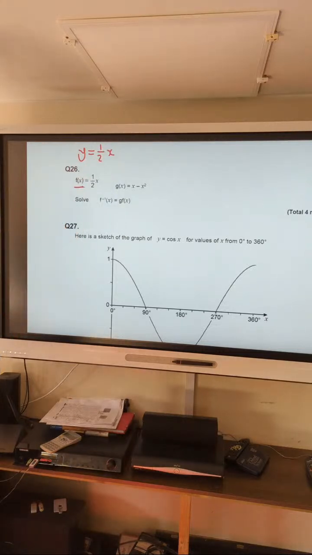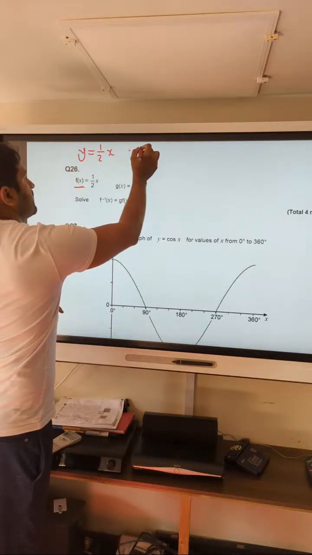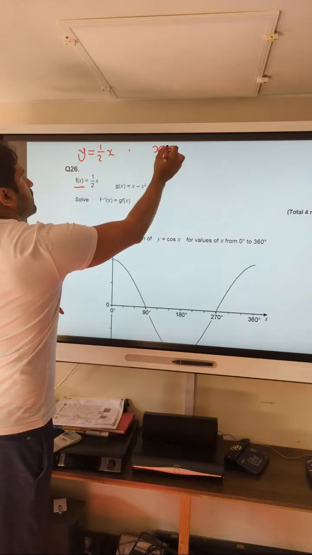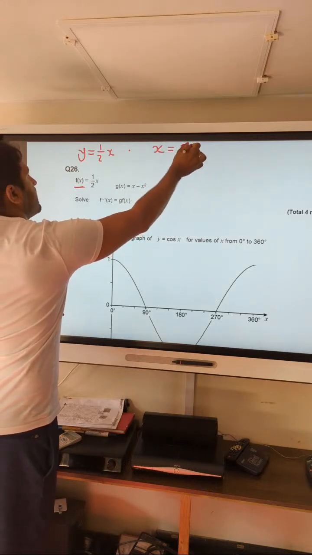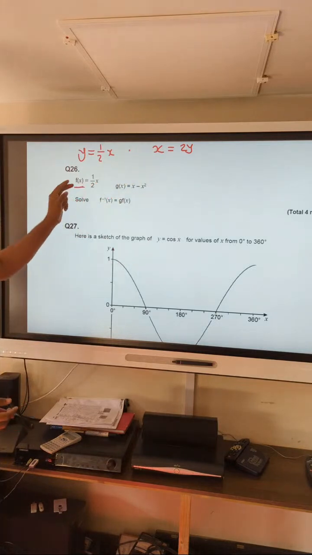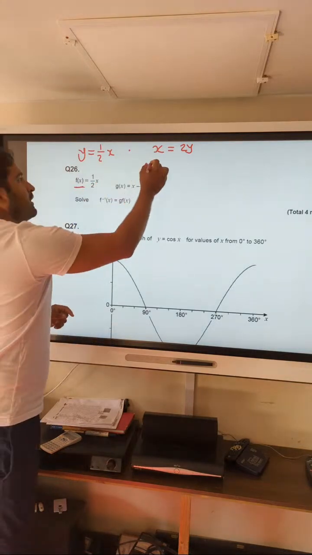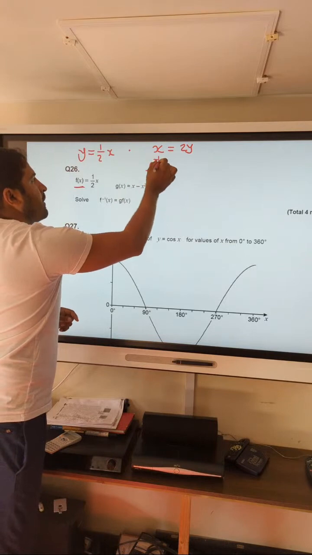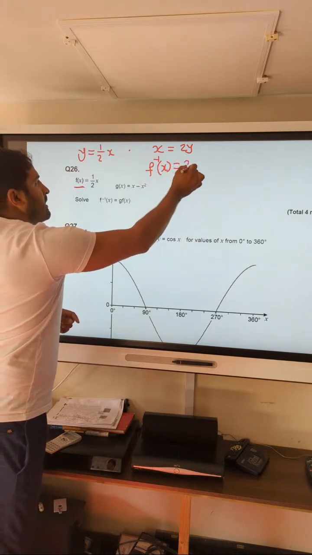And if I'm looking for the inverse function, it means the input becomes my output, so making x the subject. Multiply both sides by 2, you get x equal to 2y. So now my input became the subject, so that's the inverse function. So inverse function f of negative 1 of x is the same as 2x.